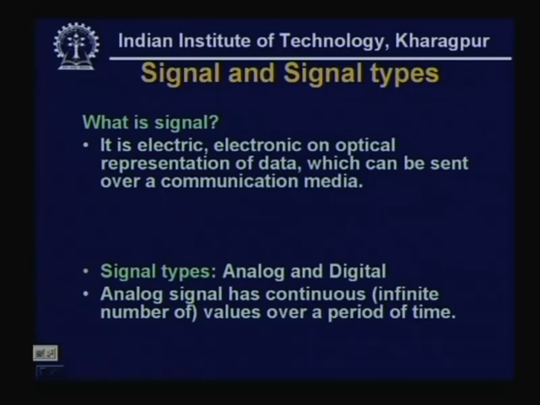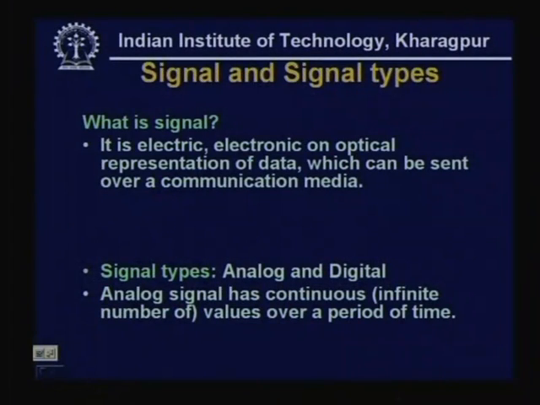That means we are converting it into some form which can be either electric, electronic or optical. It depends on through which medium we are trying to send. When we are trying to send through a pair of wire, it has to be electrical voltage or current. On the other hand, whenever we are trying to send through an optical fiber cable, it has to be converted into an optical signal or light.